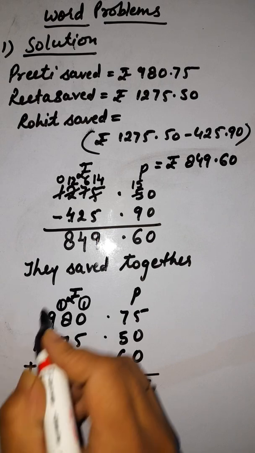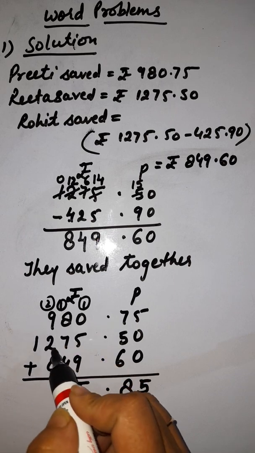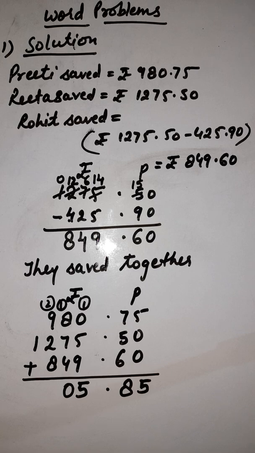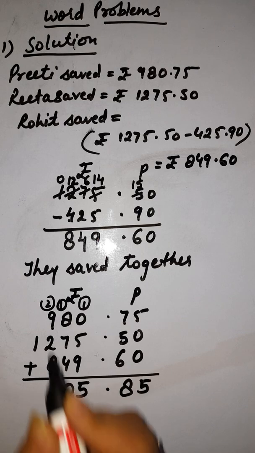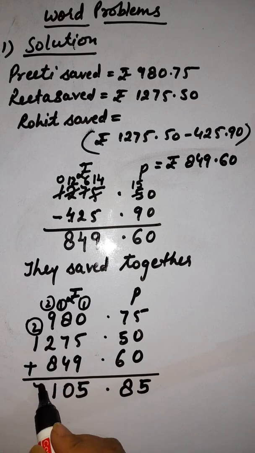So we'll write 0 and 2 carry over there. 9 plus 2 is 11, 11 plus 2 is 13, 13 plus 8 is 21. So we'll write here 1 and 2 carry over there. 2 plus 1 is 3.